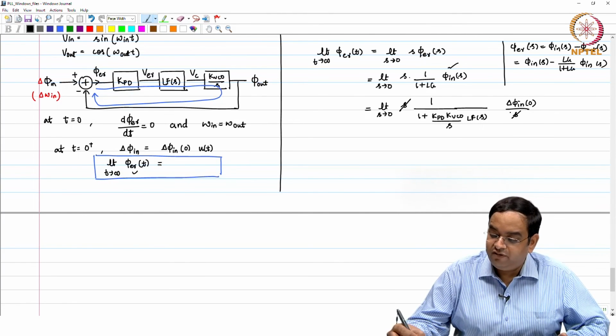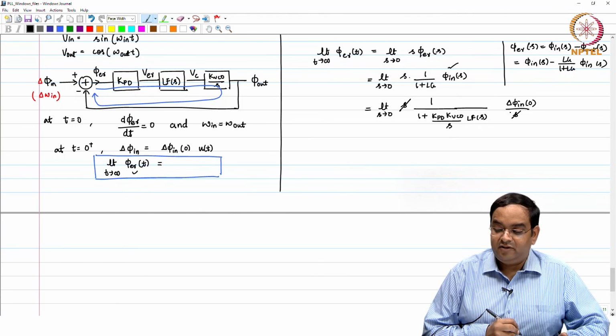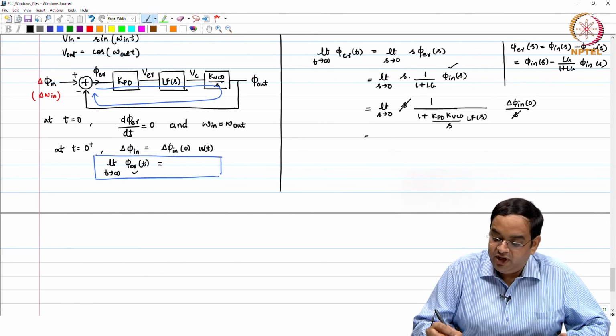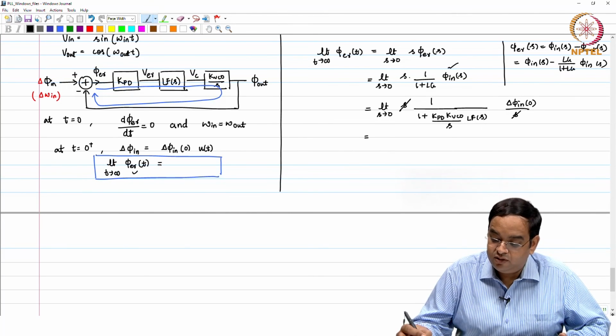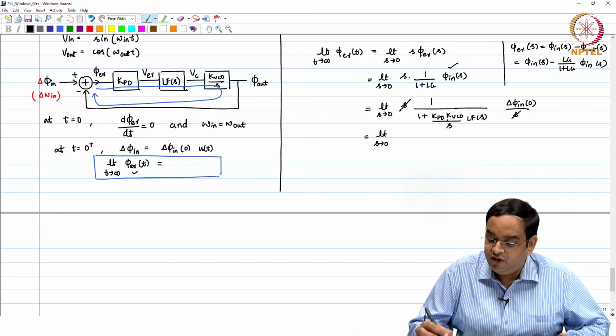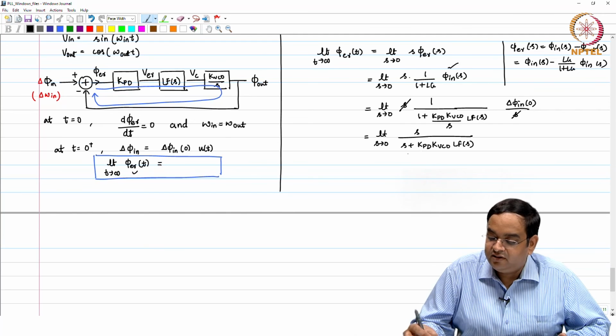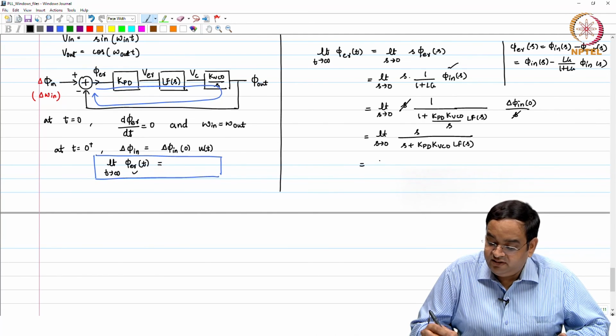So, this goes off, right, and you substitute here S equal to 0. So, when I am going to substitute here S equal to 0, let me rewrite in a different form. So, I am having S divided by S plus Kpd KVCO times loop filter of S. So, what you are going to get here is 0.